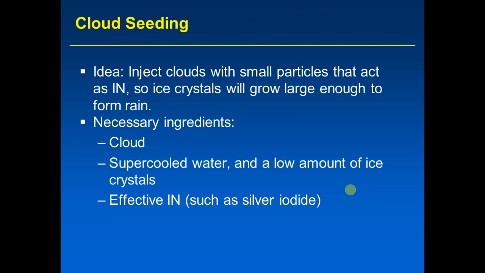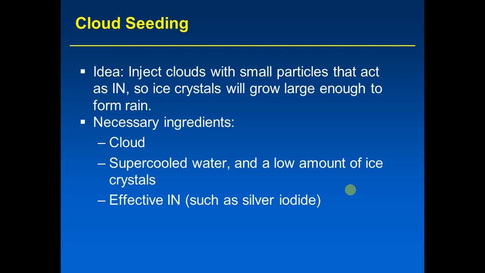And you need an effective ice nuclei. Silver iodide has a crystalline structure similar to that of an ice crystal. And remember what we were talking about: particles that have a geometry resembling an ice crystal can be used to act as ice nuclei. So most cloud seeding products have used silver iodide.